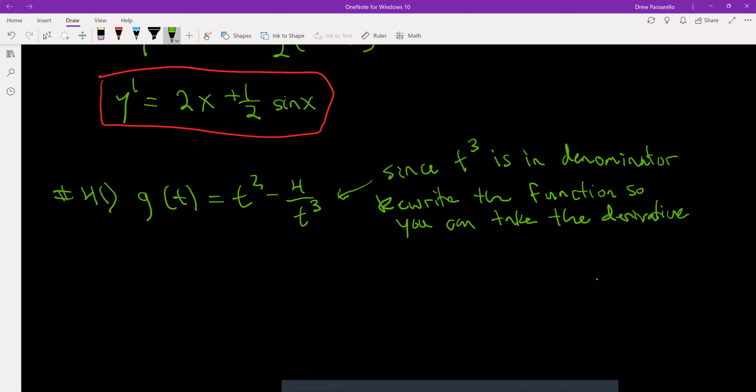So based on the rules that we've learned so far, I need to rewrite this into a different format.